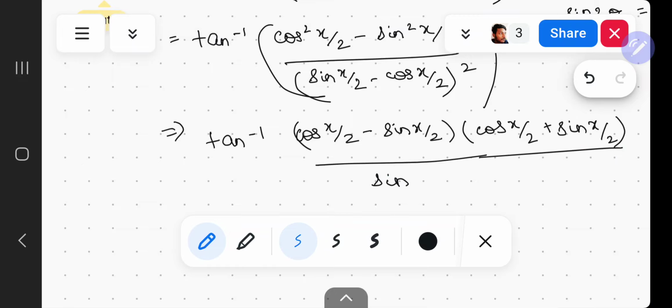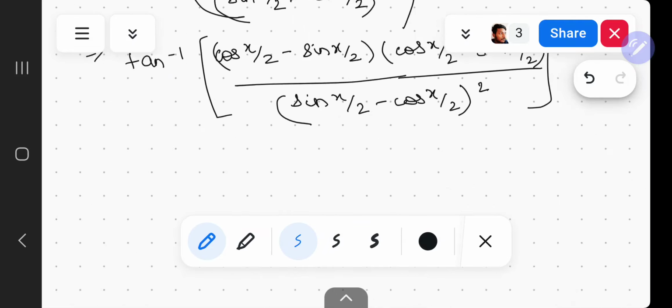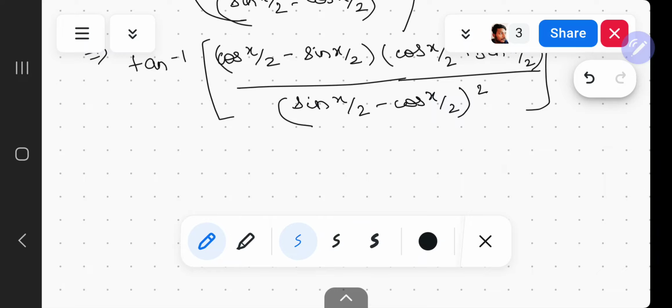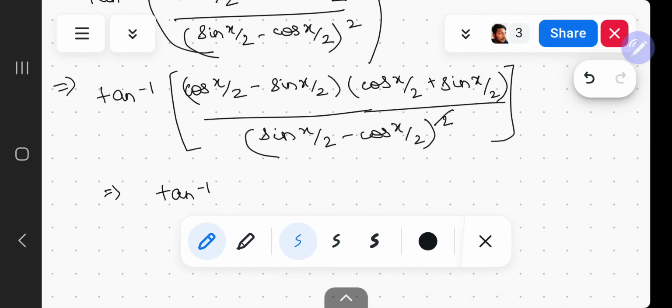Now in the denominator, okay, this is the denominator. And Shruti, is there something being cancelled out? That's this minus 1.